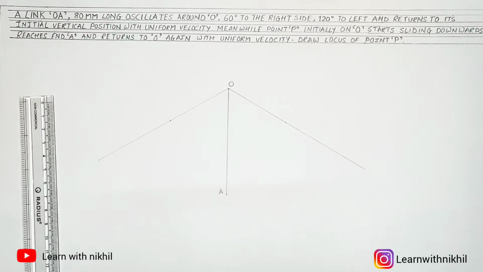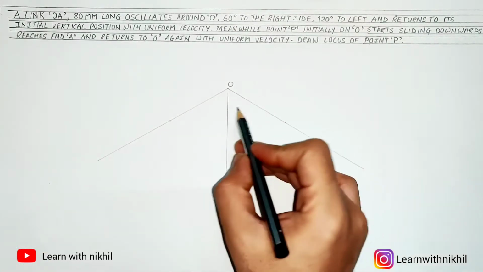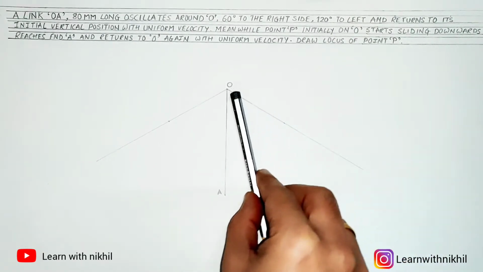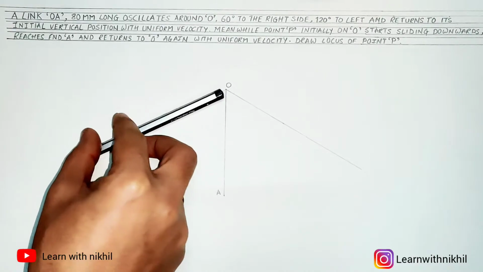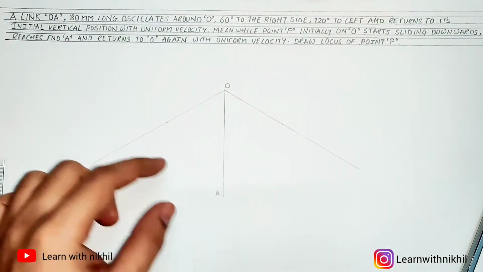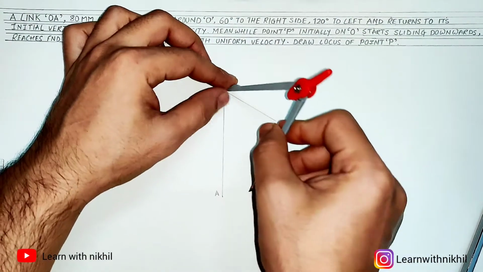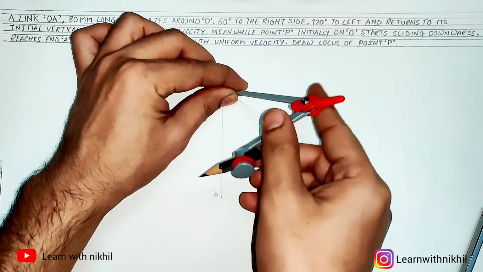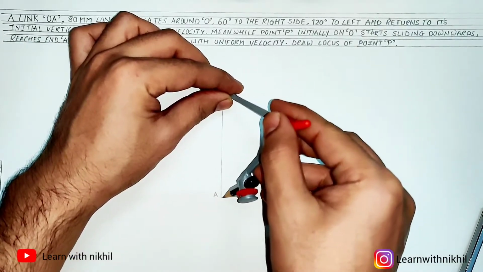So I'll just explain you again. So this is the link OA. So it goes 60 degree to the left, then 120 degrees to the right, and then it comes back. So the locus of point A will be a curve.